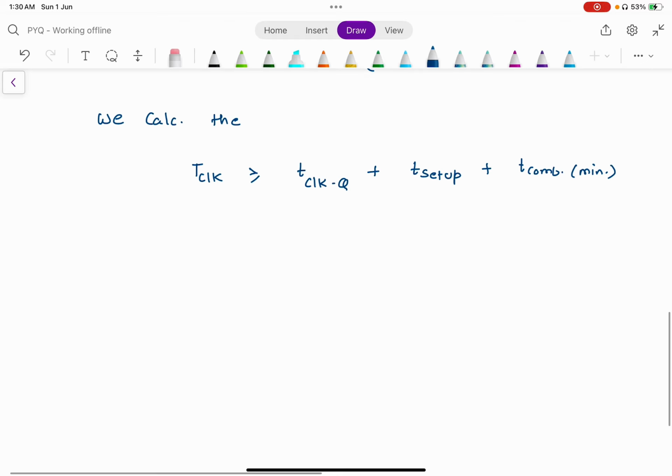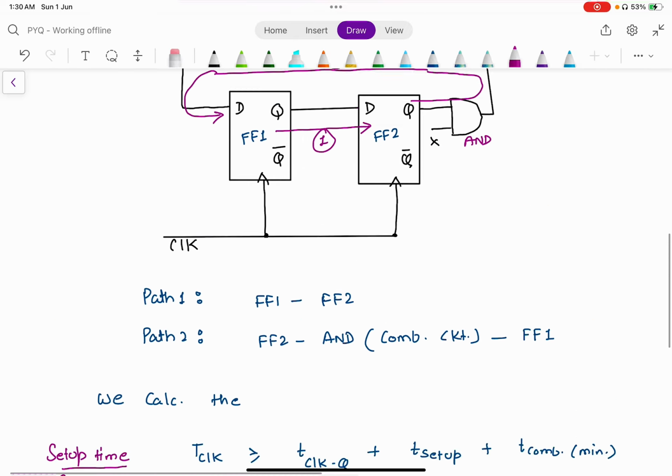So this is known as the setup time constraint, which should be followed for the proper operation of the complete circuitry.